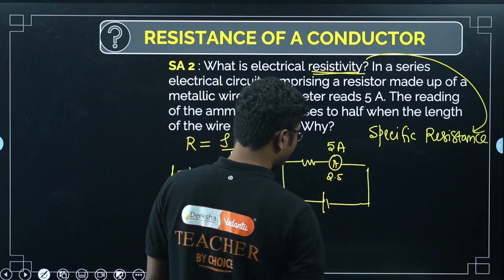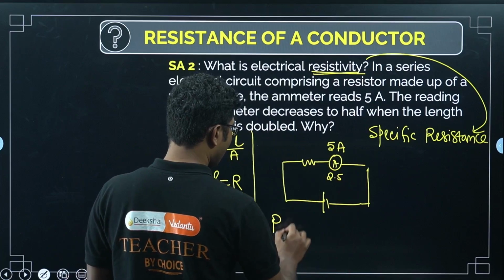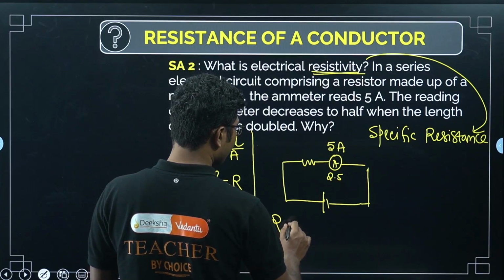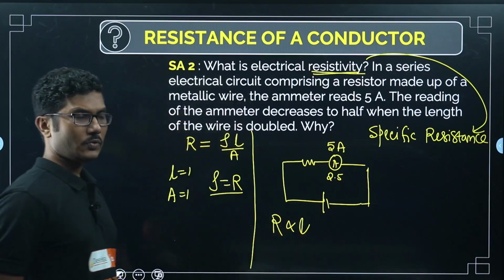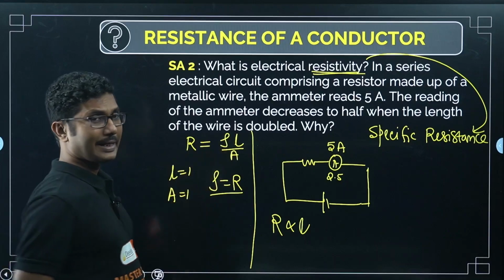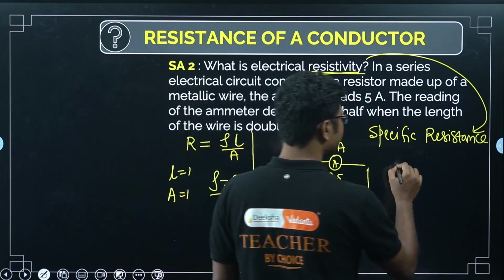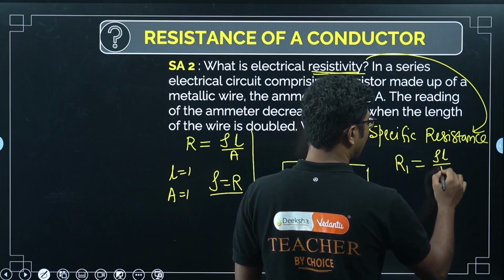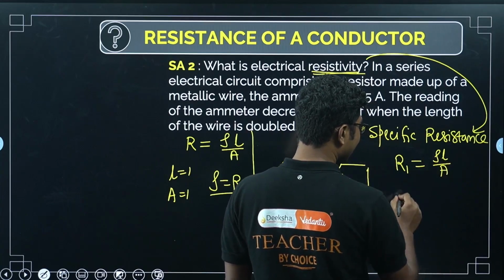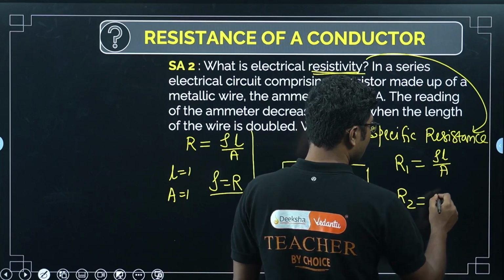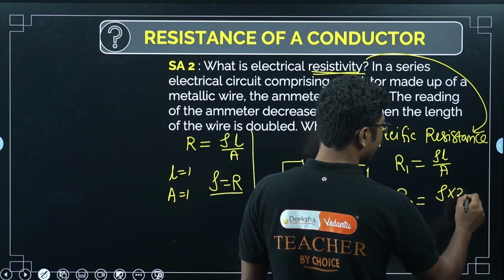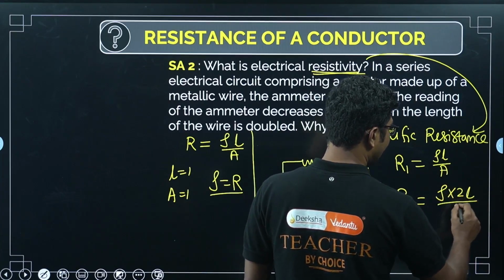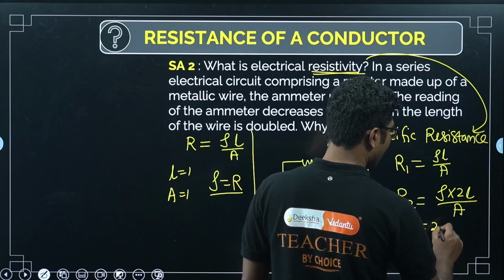Now why? Because we know that the resistance of a wire is proportional to its length, right? Resistance is rho L by A. So initially suppose the resistance R1 is rho L by A. Now the length is doubled, so the resistance is 2 rho L by A, the area remains constant, so basically it is 2R1.